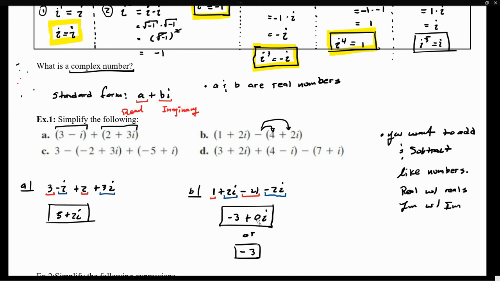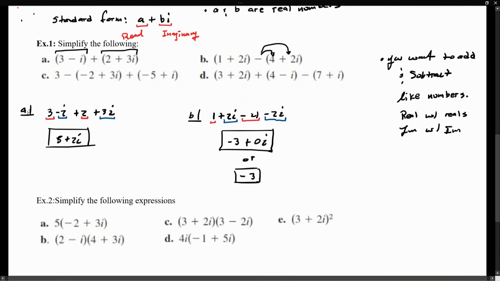That's just a small technicality that we have in mathematics: real numbers can be categorized as complex numbers where the imaginary part is 0. But these are just 2 small examples that I used to illustrate how we can properly add or subtract complex numbers.